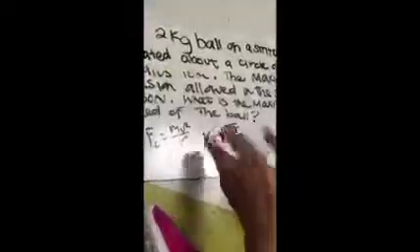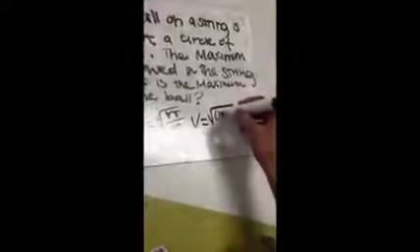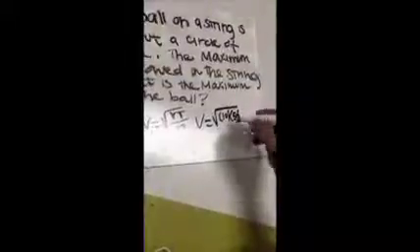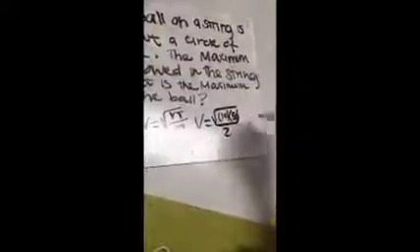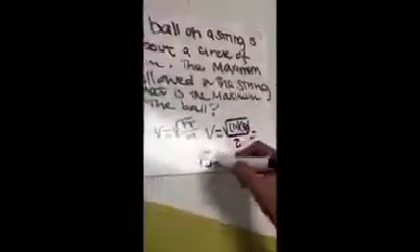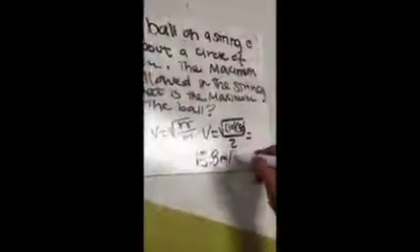We're just going to plug in what we already know. So velocity equals the square root of radius of 10, tension of 50, over a mass of 2, which will equal 15.8 meters per second.